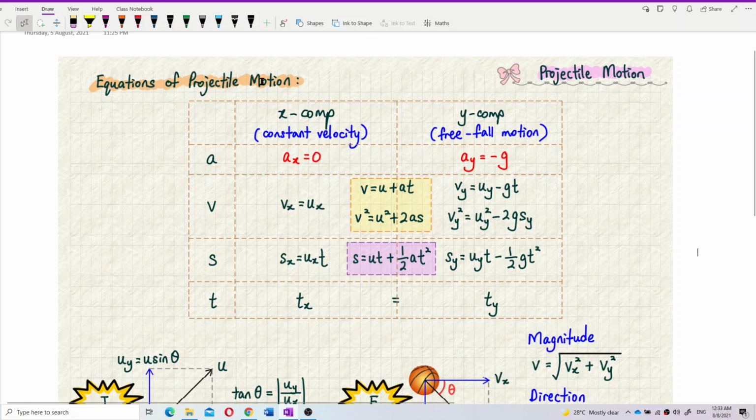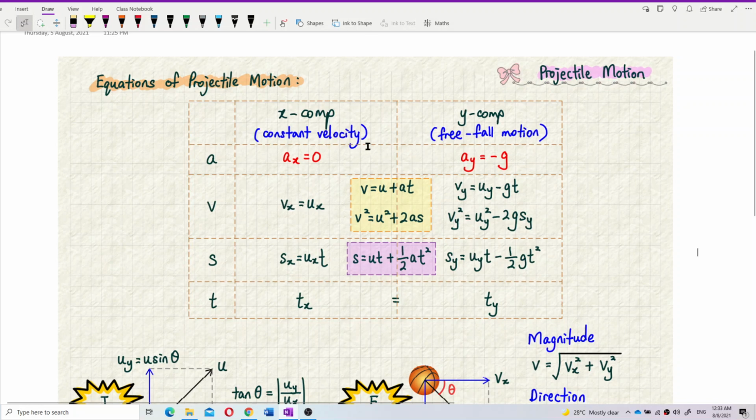What you have to know is that for projectile motion, you work with two components. You have the x component and the y component, and you separate the question into two parts to solve each part. Then you can find the final answer. You do the x component and y component separately.